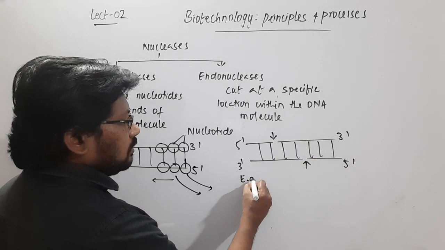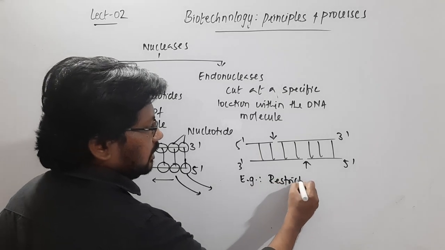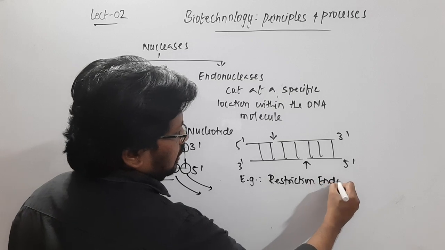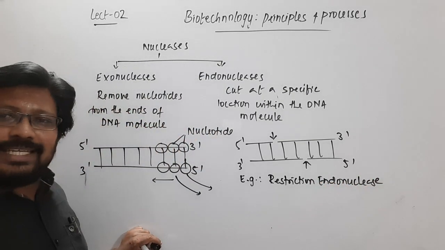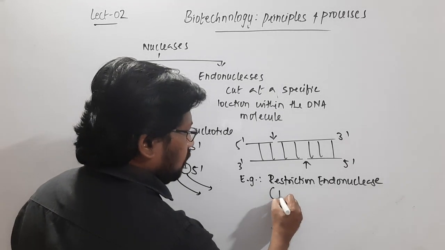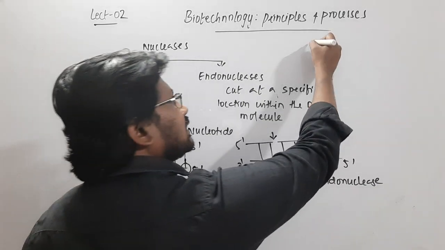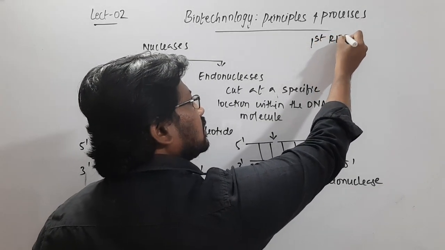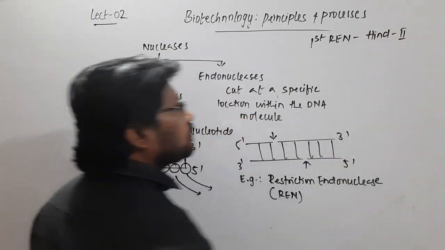One example of these endonucleases is the restriction endonuclease. In short, it's called REN. And I told you in the last session that the first REN that was discovered is HindII.